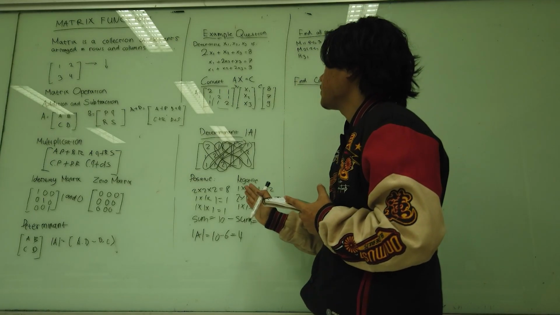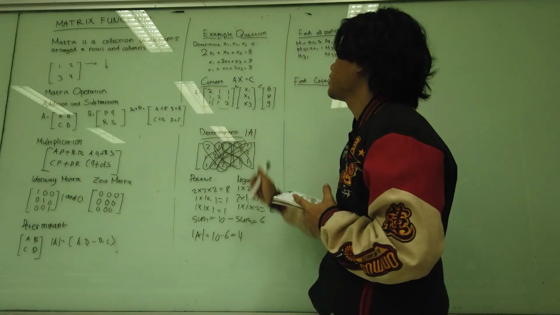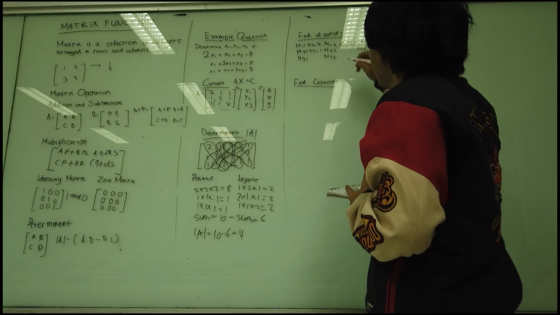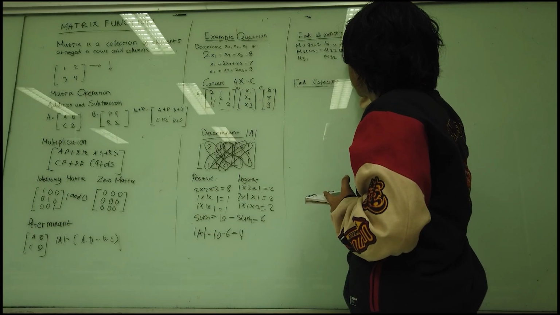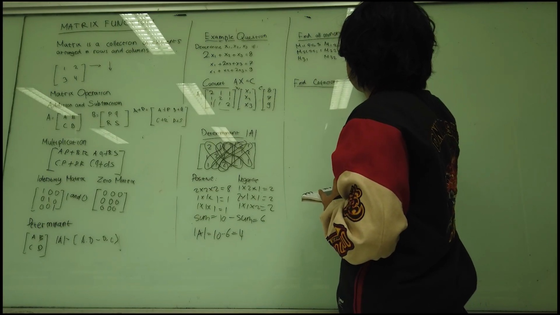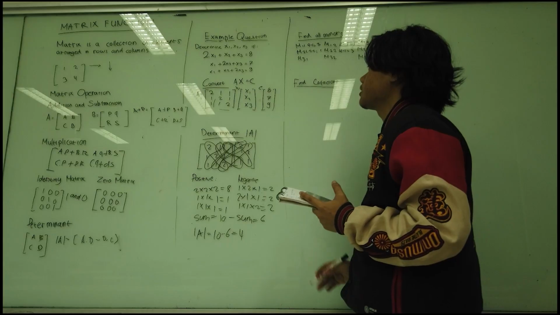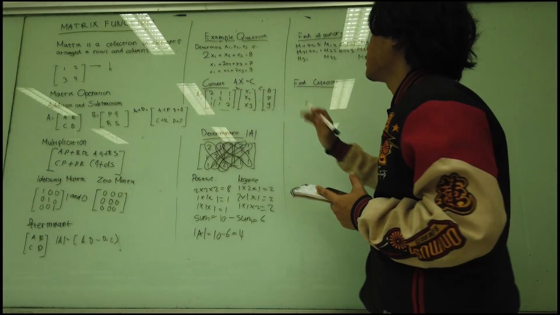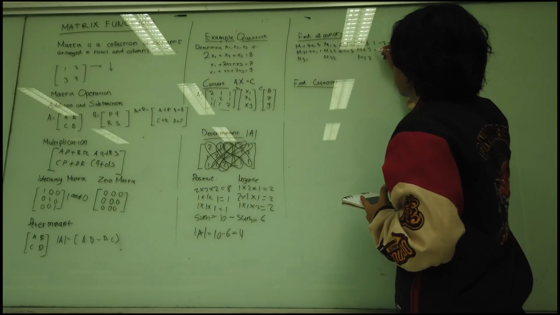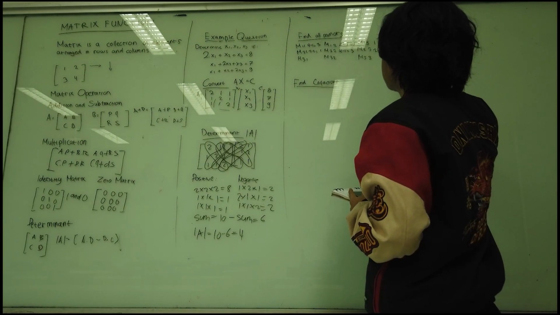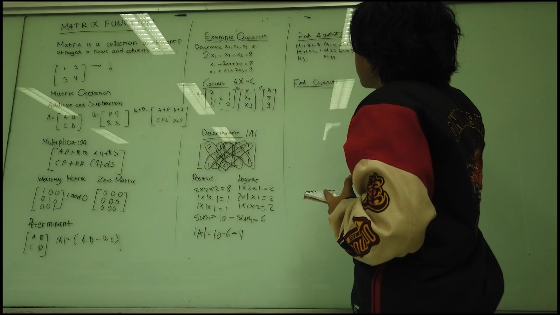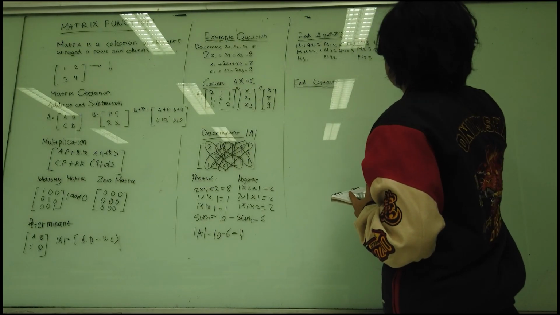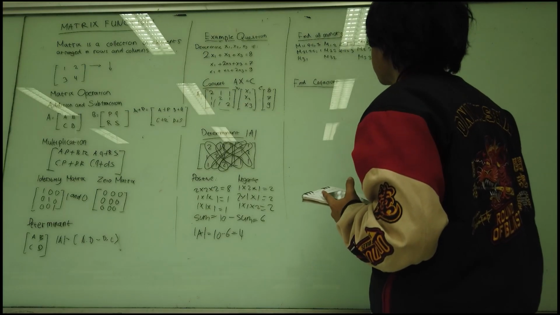M22. Just here and here. So we got 2, 1, 1, 2. So 4 minus 1 is 3. M23, similar, we got 2, 1, 1, 1. So 2 minus 1 equals 1.